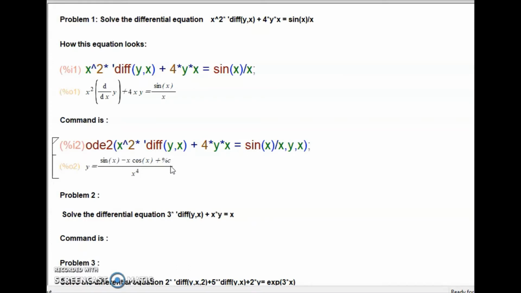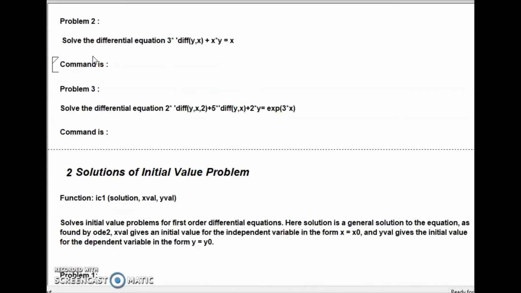Now let me solve the second problem for you. Solve the differential equation 3 dy by dx plus xy equal to x. You may know how exactly to type this equation, but make sure in front of the diff operator you put a single inverted comma. Now I am going to run this equation, but if you want, you can pause this video and run it by yourself.